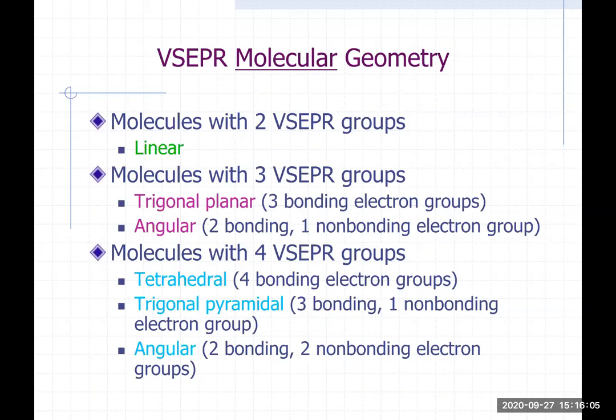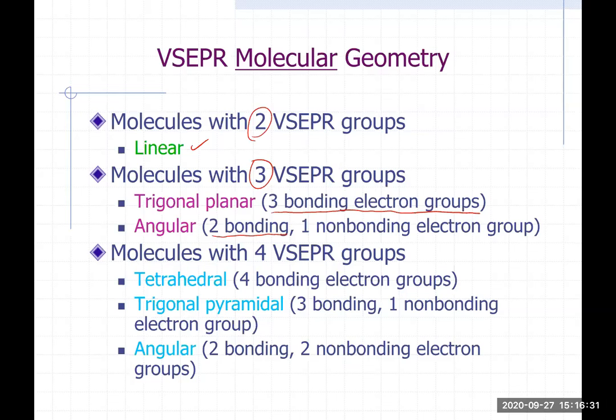Okay, so VSEPR molecular geometry. Molecules with 2 VSEPR groups, linear. Molecules with 3 VSEPR groups, the molecular geometry is trigonal planar if you have 3 bonding electron groups, angular if you have 2 bonding and 1 non-bonding electron groups.